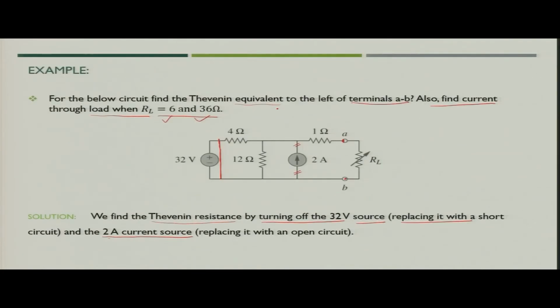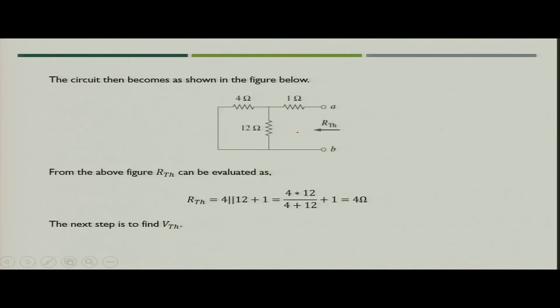We are left with only the 4 ohm resistance in parallel with the 12 ohm resistance, and then finally that parallel combination in series with the 1 ohm resistance. So, the resistance which you will see through terminals A and B gives RTH as 4 ohm, because the parallel combination of these two resistances gives you 3 ohm, plus 1 ohm in series. Finally, the RTH value is 4 ohm.